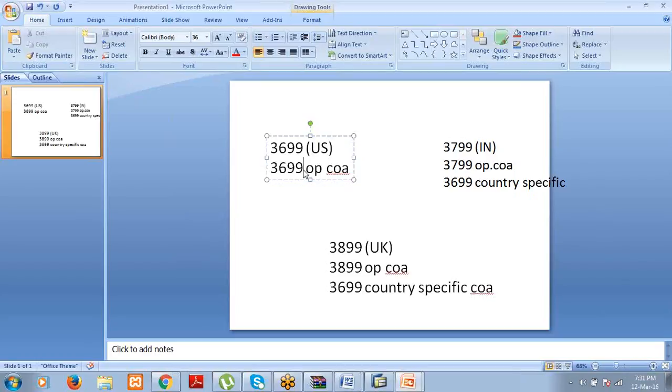Then we are also carrying on business in the UK. So when the boundaries of any particular country are crossed, I told you that you have to maintain one separate company code, right? Let us say the UK company code is 3899. The majority of the share capital of the UK company code is contributed by the 3699 US company code. In this case, the 3699 US company code is called the holding company and this is called the subsidiary company.